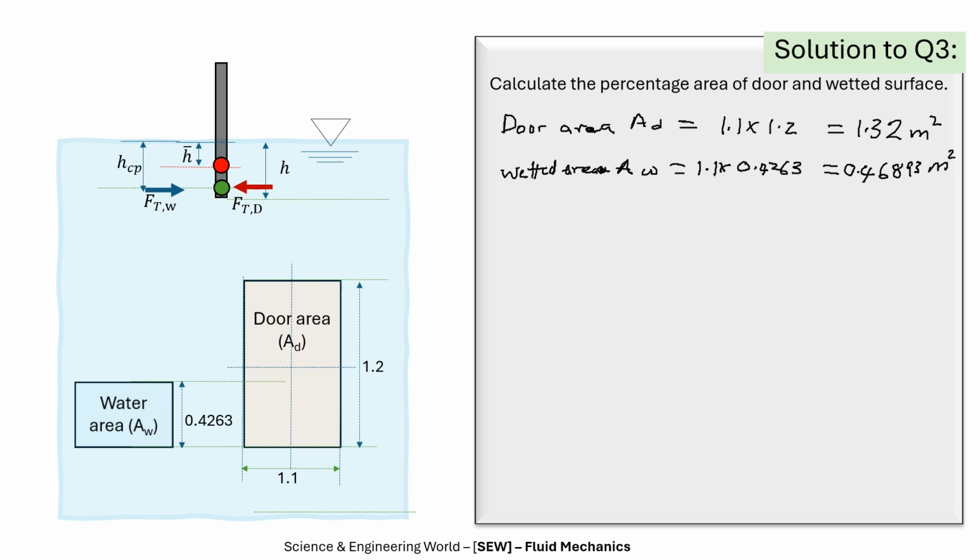We can now compare the two by looking at the percentage of the wetted area to that of the door.